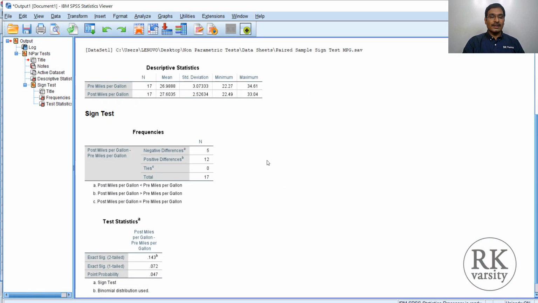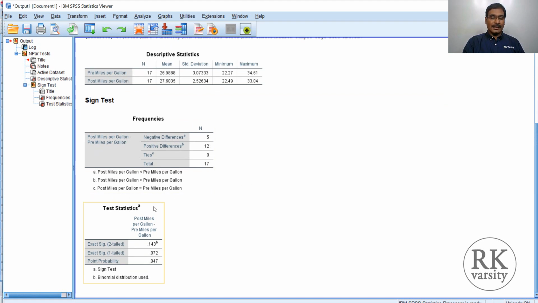Here you can see the sample is 17 observations. Descriptive statistics are given here. In the frequencies, negative differences are 5 and positive differences are 12. There are no ties. The post mileage per gallon significance value is 0.143 for two-tailed.